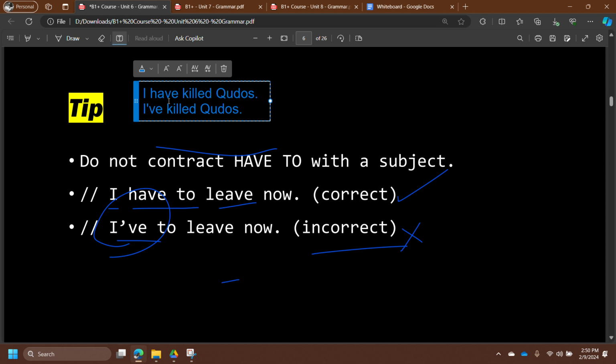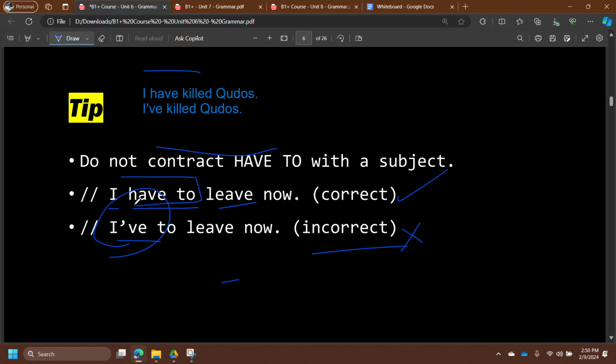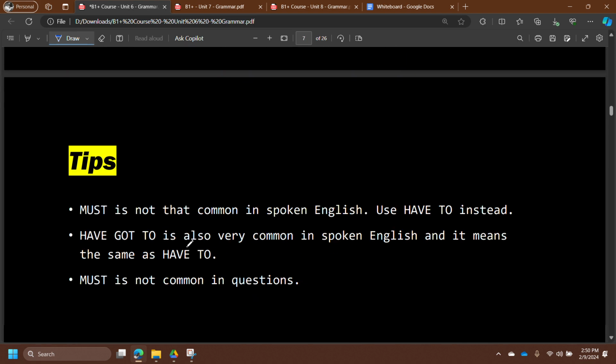But you cannot do this here, because have here is more of an auxiliary verb in the tense, and not really a modal verb that we use here connected to the particle to. Okay, moving on.